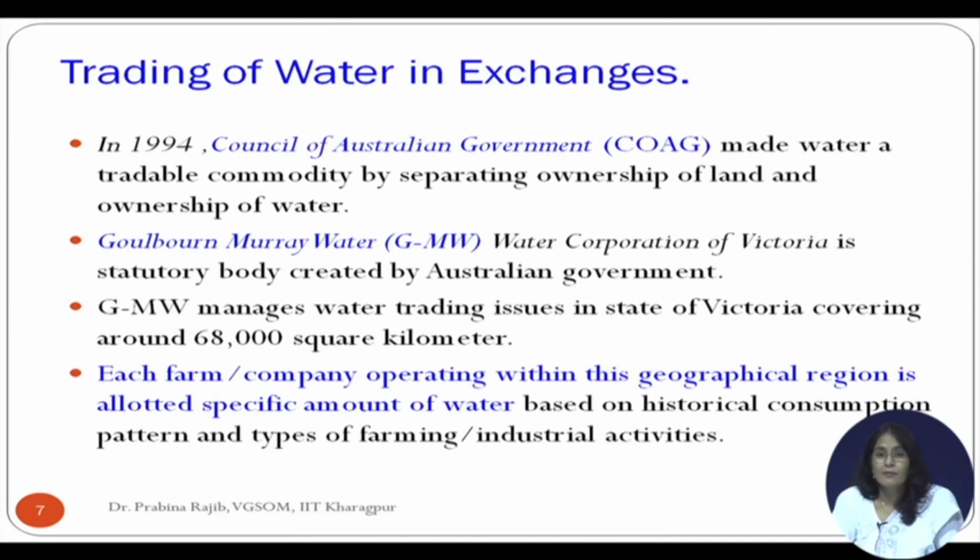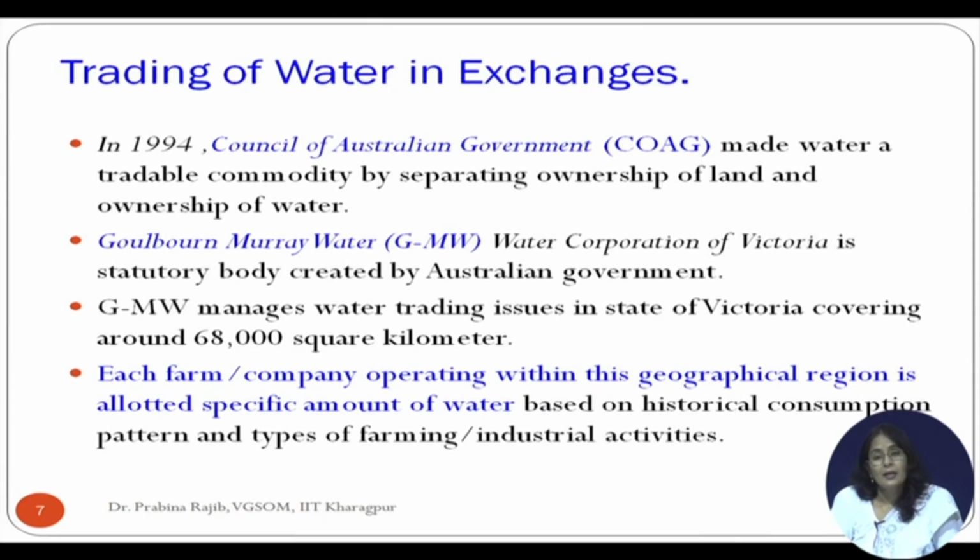I'll give a case study of how water is being traded in Australia. Please note that in 1994, the Council of Australian Governments made water a tradable commodity by separating the ownership of the land from the ownership of the water.